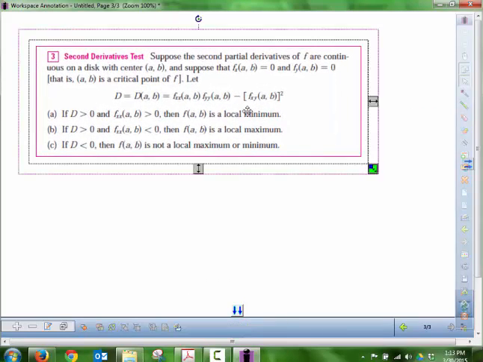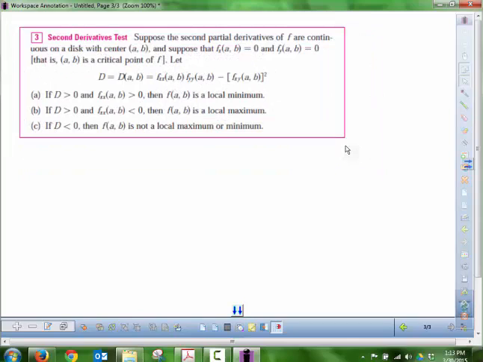So we have to rely on the second derivative test. And the second derivative for functions of one variable in Calculus 1 was just easy. Just take the derivative again, take the derivative twice, and then you get the derivative function. But if it's a multivariable function, the derivative is a lot more strange looking.